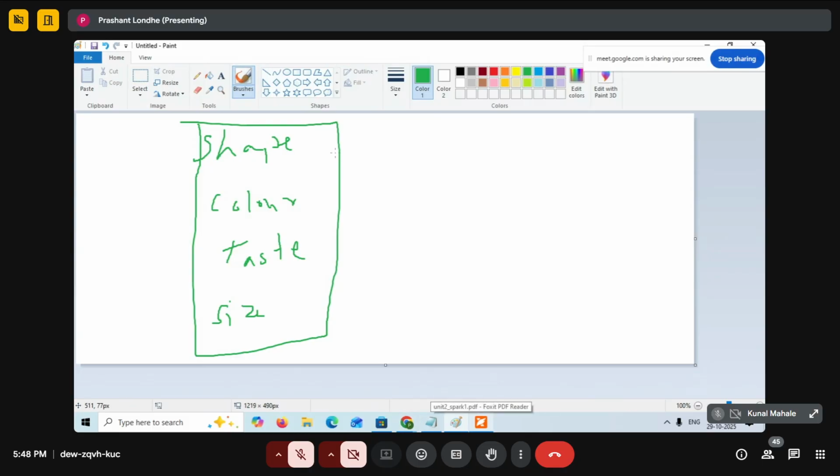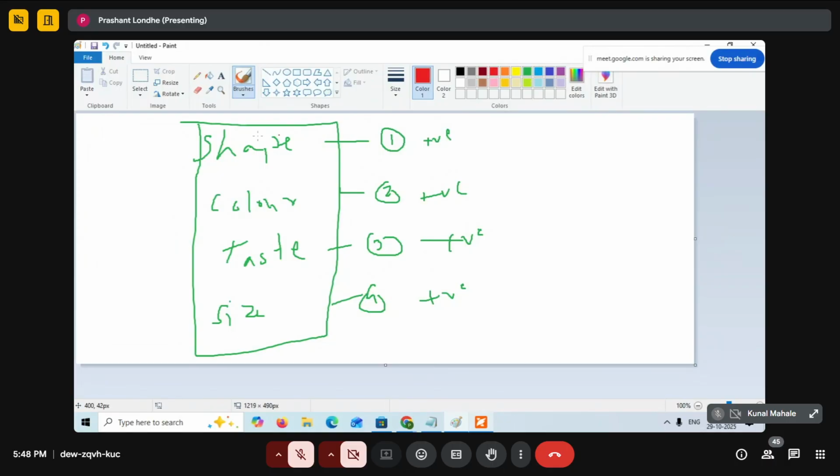Suppose you are using a feature extractor serially: first shape is detected. If shape is positive, then color is detected. If color is positive, then taste is detected. If taste is positive, then size is detected. And if size is also positive, then it is an apple.